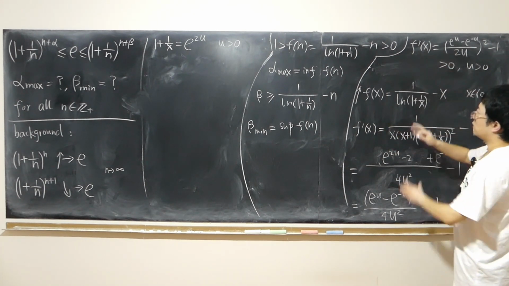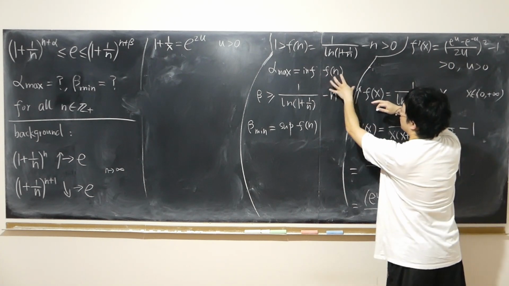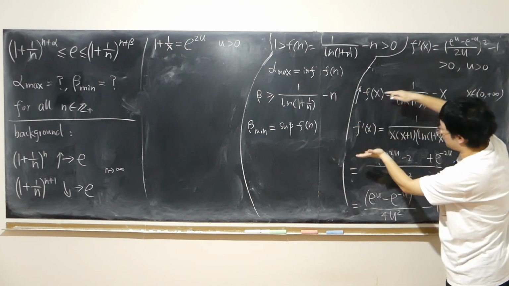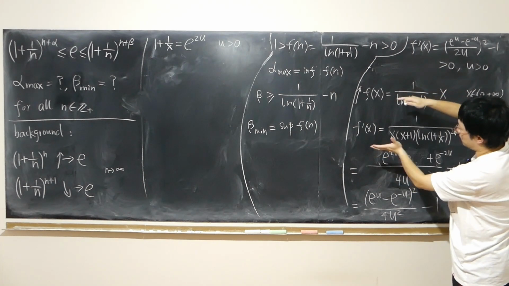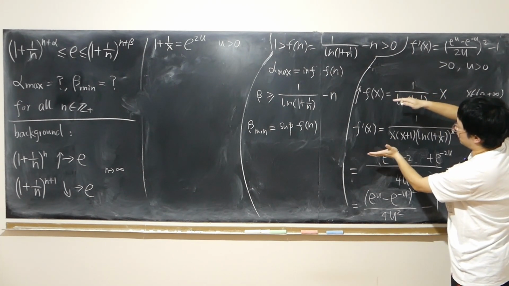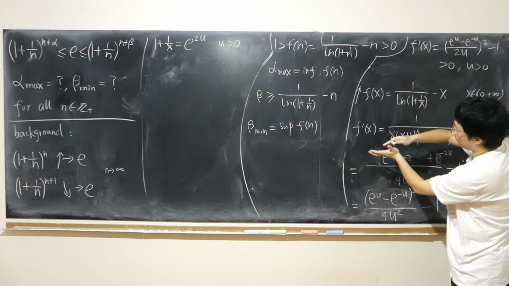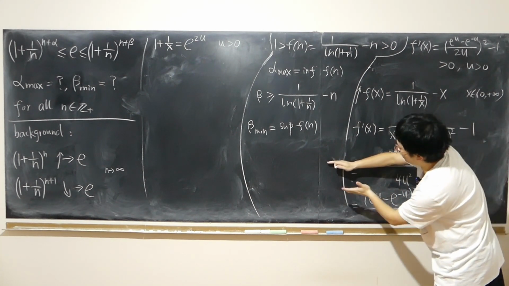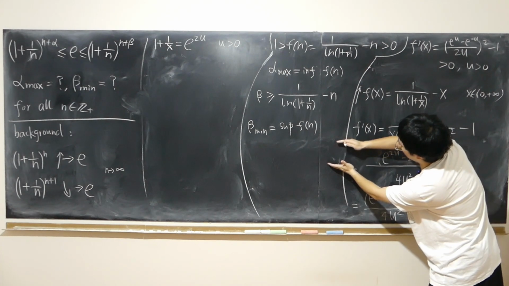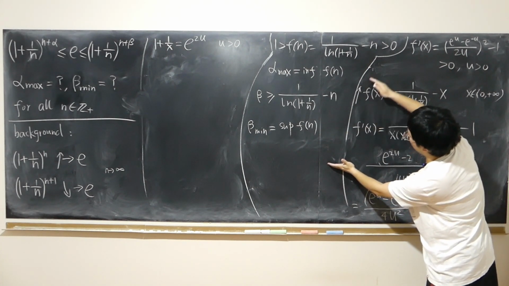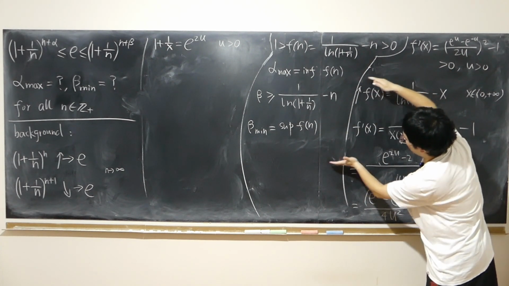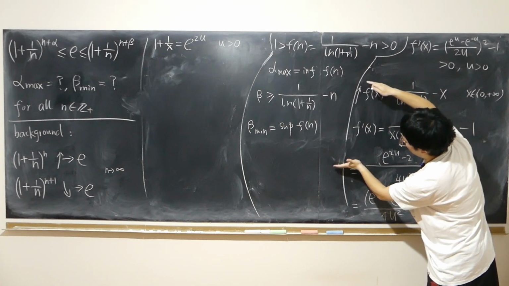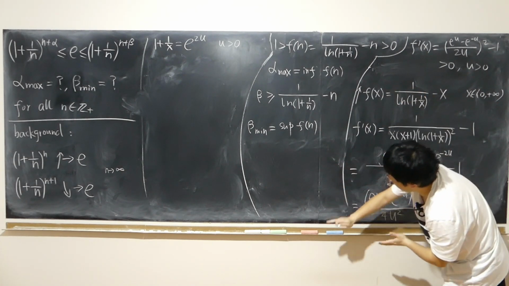So the infimum out of all these possible values, what's its greatest lower bound? F1 is down here, F2 is up here, F3 is up here. Well, what's the greatest lower bound? This is a lower bound, this is a lower bound.